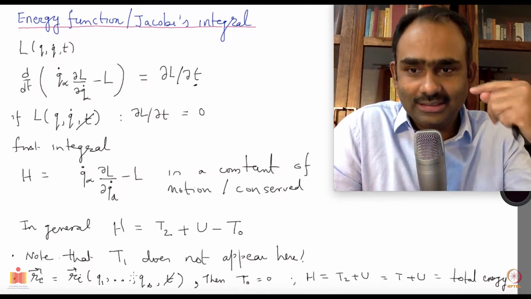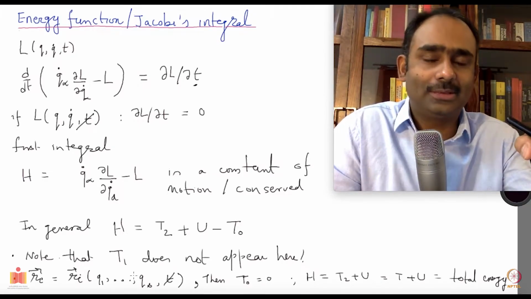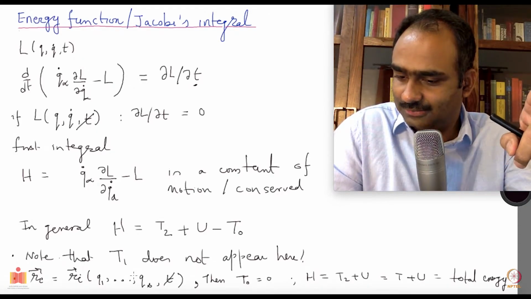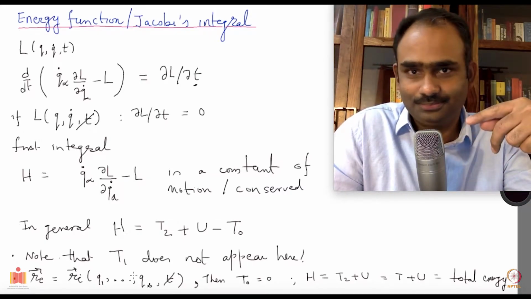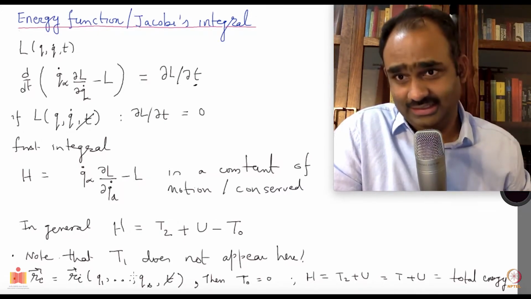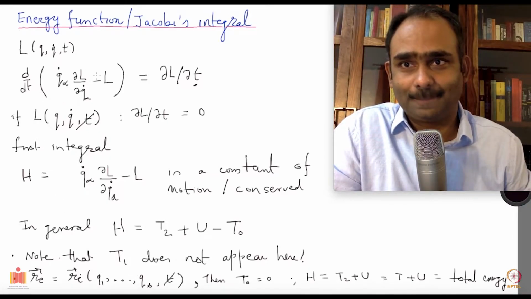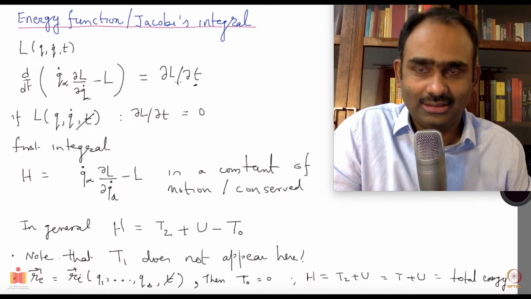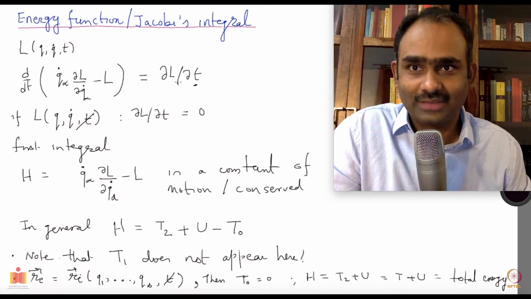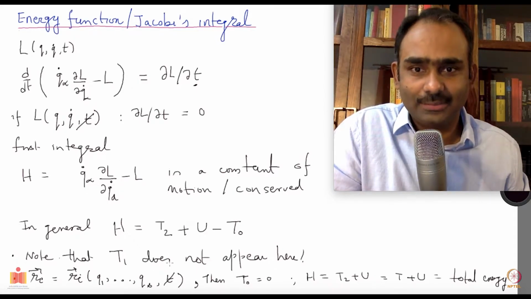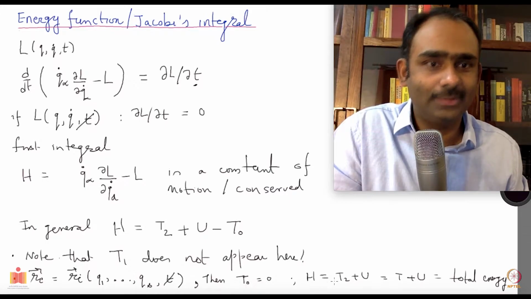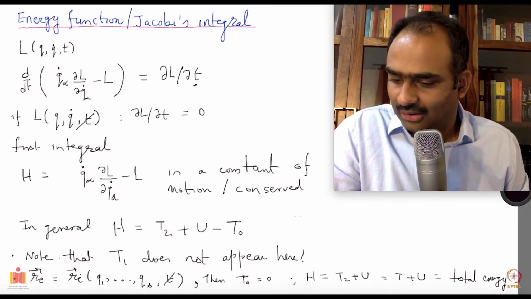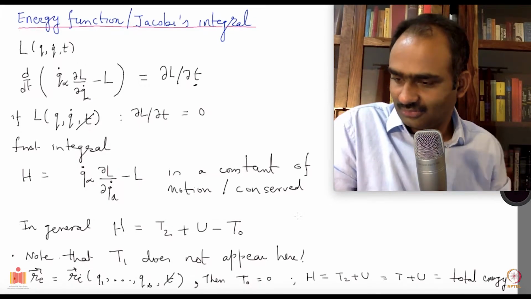Even then it is possible that the Lagrangian does not depend on time explicitly. Clearly in that situation dh over dt will be 0 because your Lagrangian will not depend on time explicitly, so h will be conserved. But because there is an explicit time dependence in the transformation, h will not be the total energy, because then h will have the form T2 plus u minus T0. That's a remark which I wanted to make.